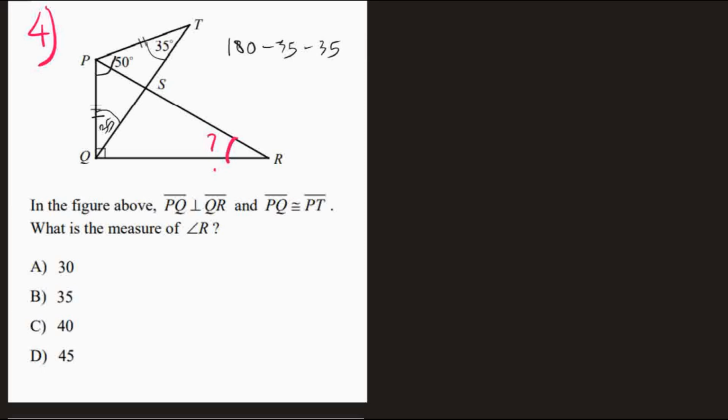We will get 180 minus 70 is equal to 110. Then the small angle in blue will be 110 minus 50, which is equal to 60 degree. So this is 60 degree.